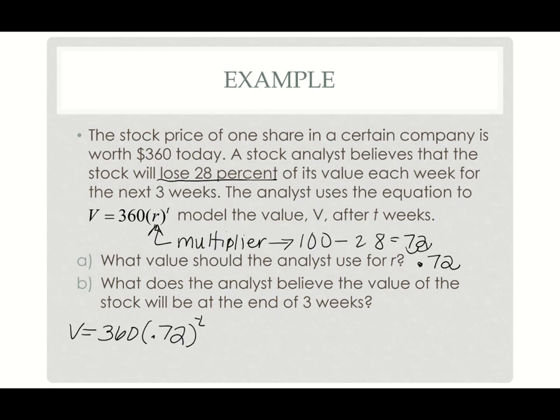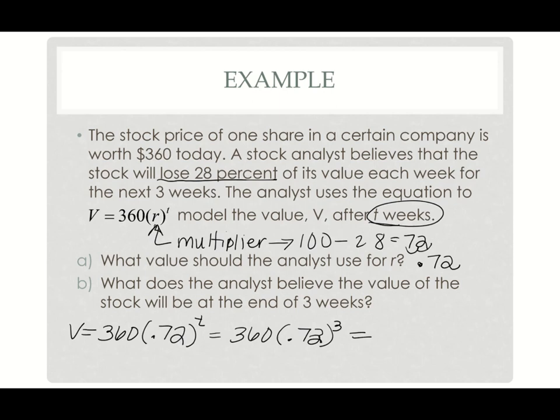So for B, what does the analyst believe the value of the stock will be at the end of 3 weeks? Well, since T in this is weeks, we're just going to take 3 and plug it in for T. So we have 360 times 0.72 raised to the 3 power is what the value of the stock is going to be after 3 weeks. So if I take this and I plug it into my calculator, remember to raise it to the third power.